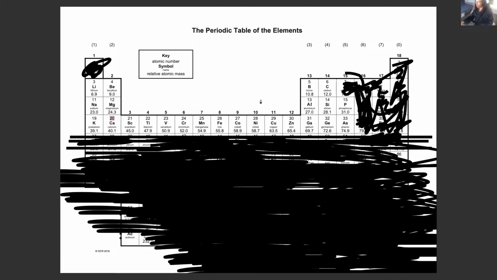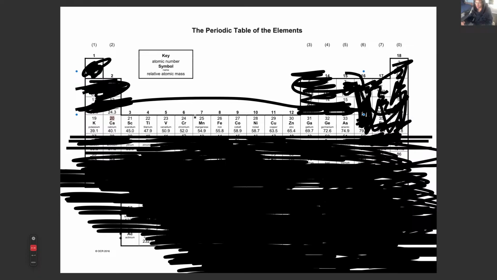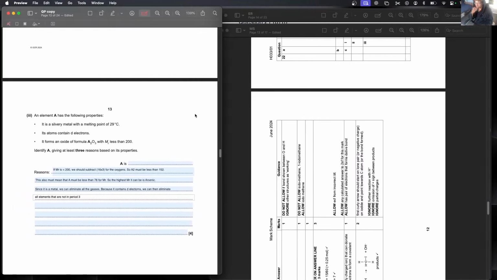So that was actually pretty pointless, eliminating the things, because it wouldn't amount to much. Okay. This is one thing I should have eliminated like that. So this really narrows it down, to be fair. So we've done that, we've done this, we've done the metal part, we've done the MR.